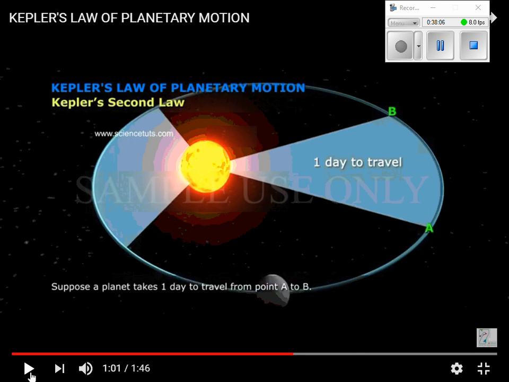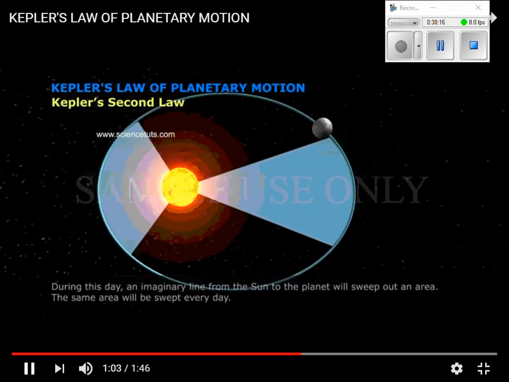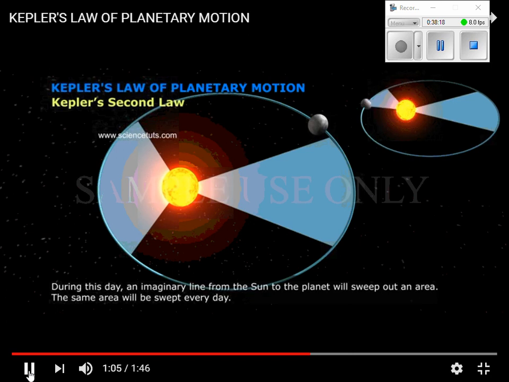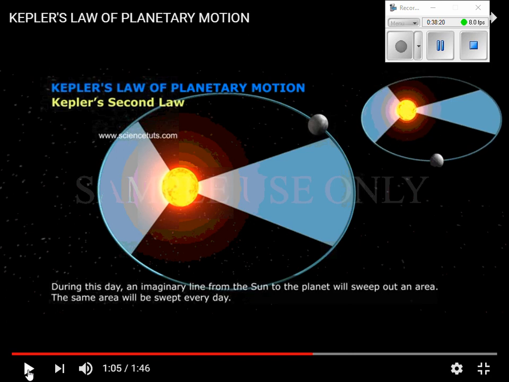You can't hear her, I can. But that this is a short, fat triangle, and this is a much longer, skinnier triangle. Okay? Okay? But that's what it has to be. Okay, so it's got to move faster over here because it has a longer arc to make around the sun than it does over here.